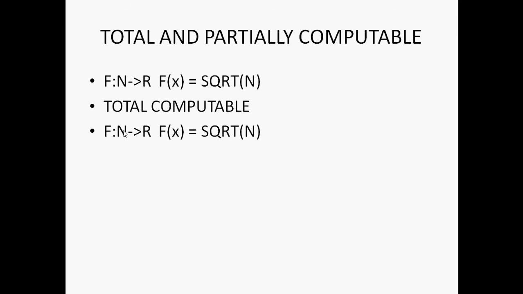So the outcome of this doesn't fall into the real set. Some of these inputs don't have a proper value in the output set. So these are said to be partial computable functions.